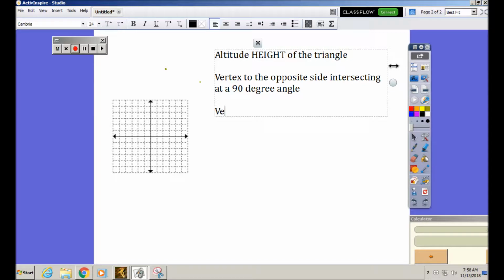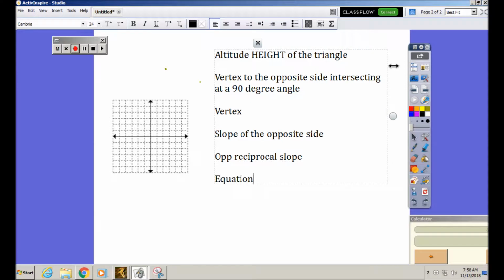So that means we're going to need the vertex. We're going to need the slope of the opposite side. We're going to need the opposite reciprocal slope. We're going to need an equation in point slope, an equation in slope intercept.